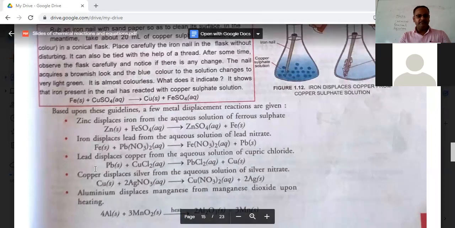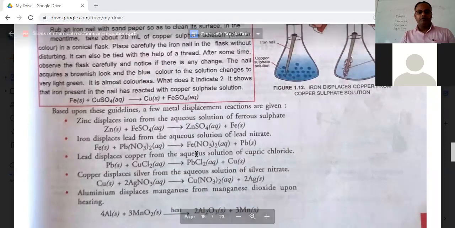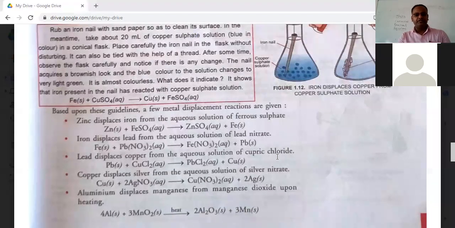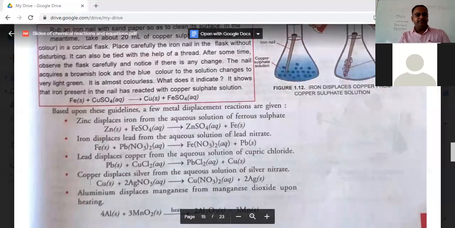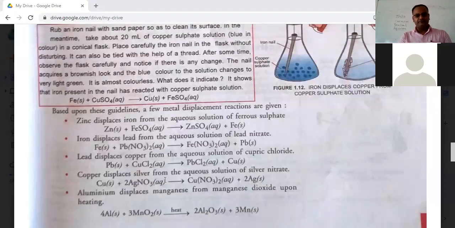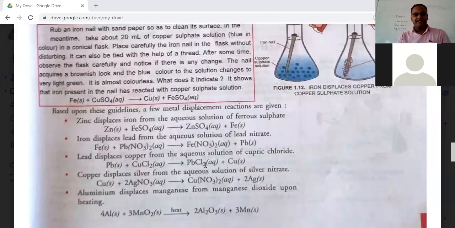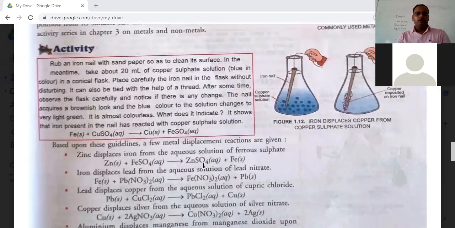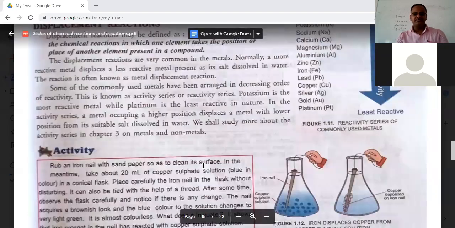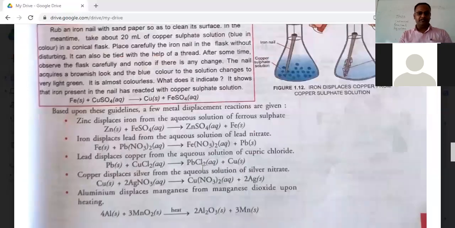Then in the third reaction, lead displaces copper from the aqueous solution of cupric chloride. And in the next example, copper displaces silver from the aqueous solution of silver nitrate. Is it clear? So here you can see that one element is displacing or taking the position of another element.